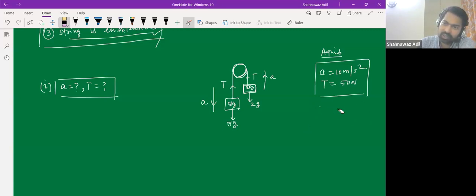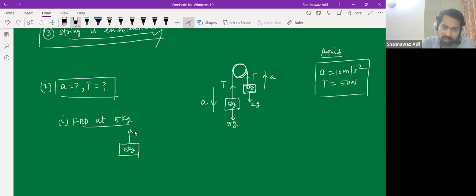So we have to write the free body diagrams in two parts, right? Let us write the FBD at 5 kg. We have this 5 kg block, this is tension, and this is acceleration, and then we have the force due to gravity, 5g.